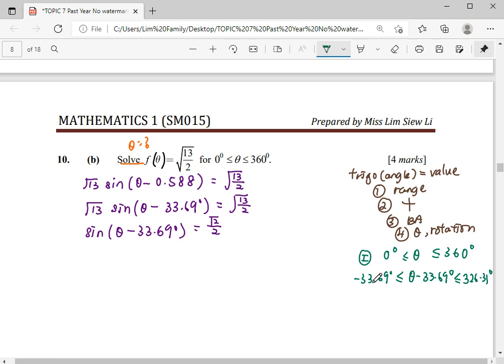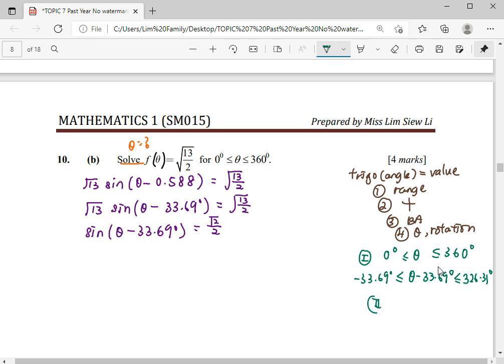It means that our answer we will get from a negative angle until a maximum of 326. It didn't reach one round, and it also has a negative angle, which means it has an anti-clockwise, opposite rotation. So that will be our first step.